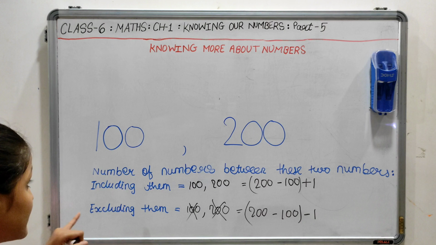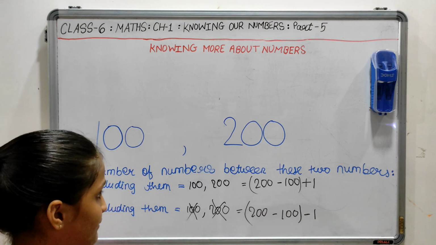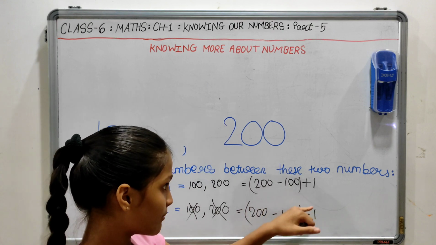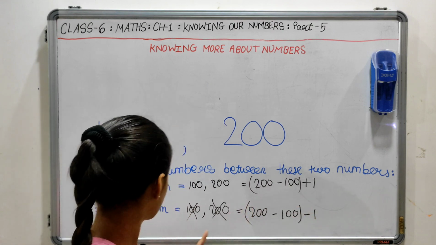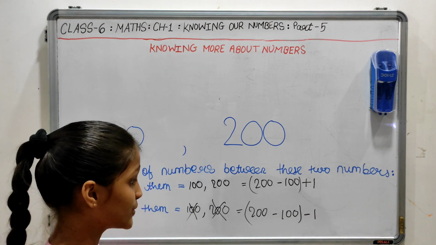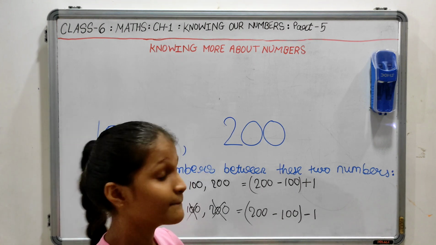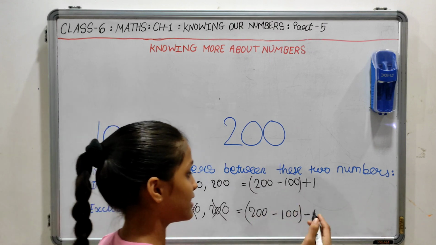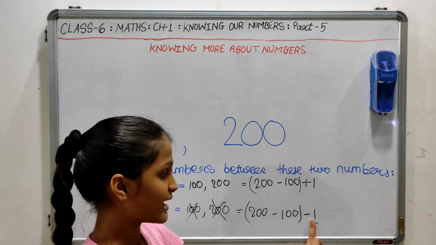If we want to find the count including them, we subtract the smaller number from the greater number and add 1. If we want to exclude them, we subtract the smaller number from the greater number and at last subtract 1 from the answer.